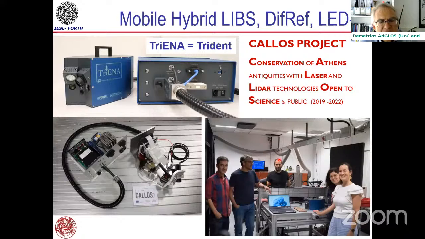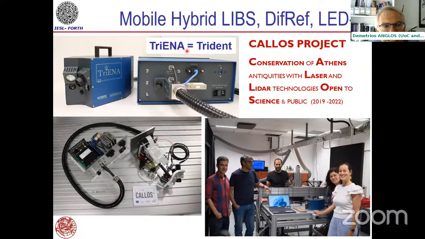So what I'm showing here is the latest achievement of the group. It's like a few months old, and what you see on the top left of the slide is actually something that came out of the lab like last month, and it's a system that combines three techniques.